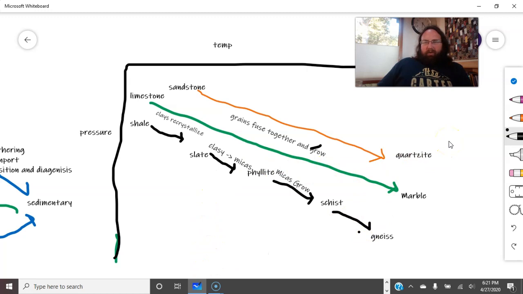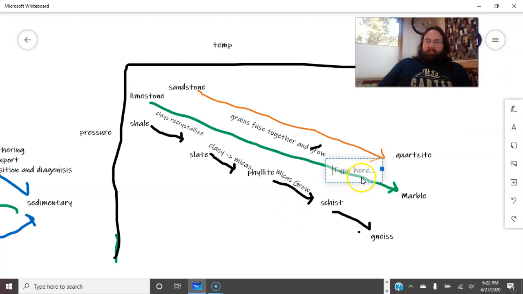Now, the final rock I want to talk about in this whole schematic is what's a process we call retrograde metamorphism. So in some places, you start with peridotite, which generally forms at very deep and high temperatures.